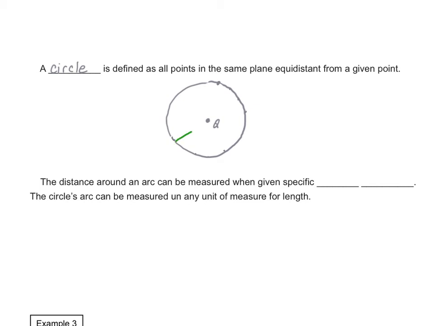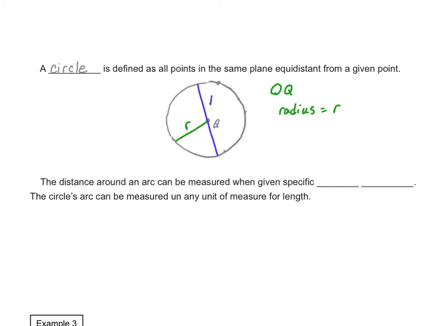So this is called my radius. Radius goes from the center of the circle to the outside, and that's an equidistant point. I would identify this as circle Q, and my radius is going to be my R. A diameter is what goes all the way through the circle, from one edge of the circle to the other edge, passing through the center.